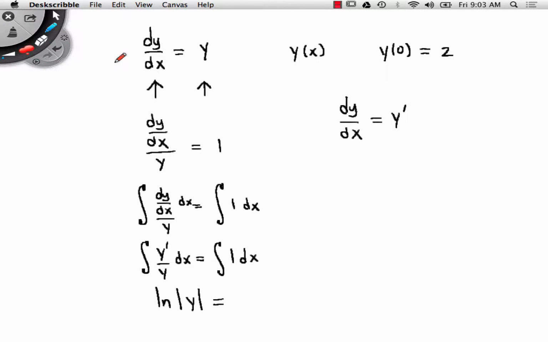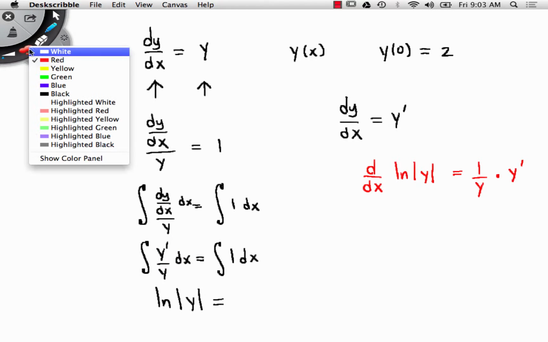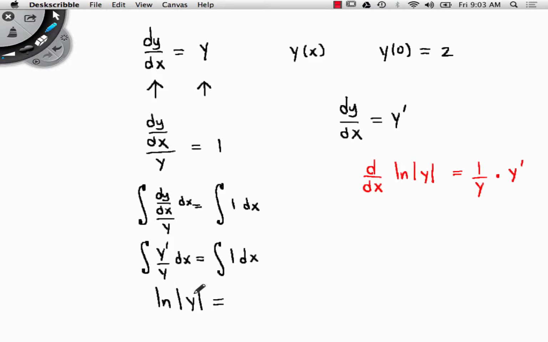Before we do anything else, let me convince you that that's true. What if I took d dx of the natural logarithm of y? Y is a function of x, by the way, okay? It's going to be 1 over y, and then by the chain rule, dy dx, which is y prime, and that's what this is right here. So have I thoroughly convinced you now that this is indeed true?